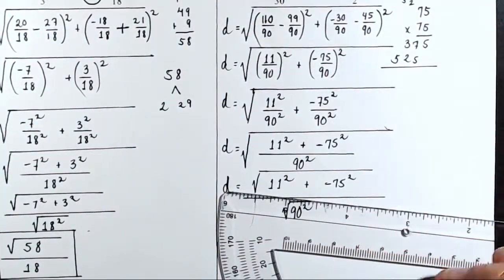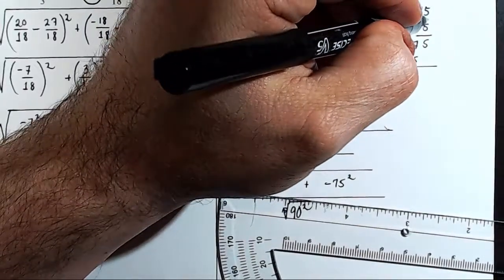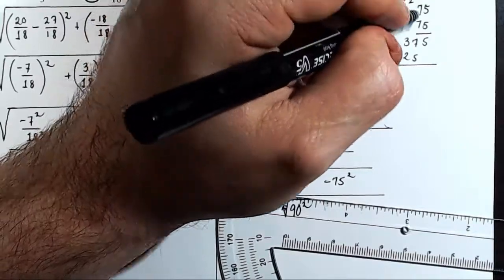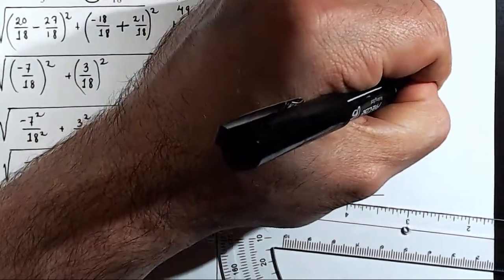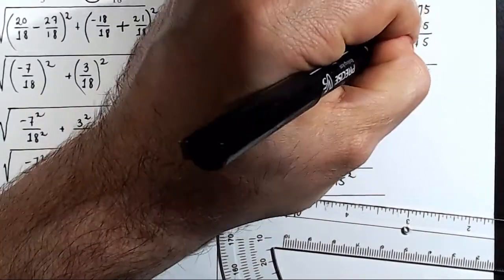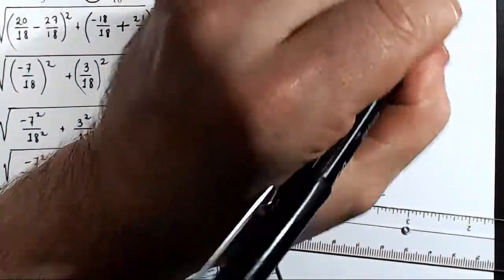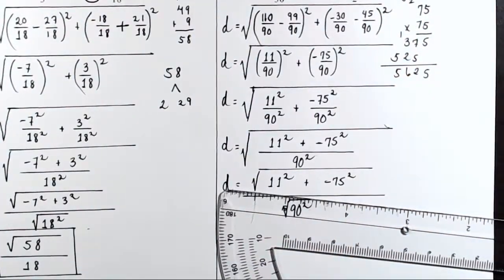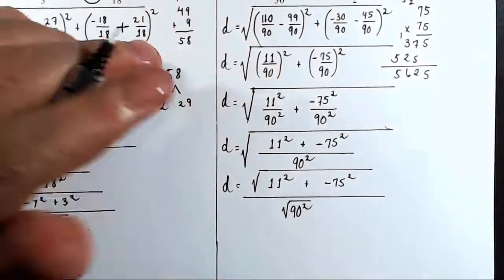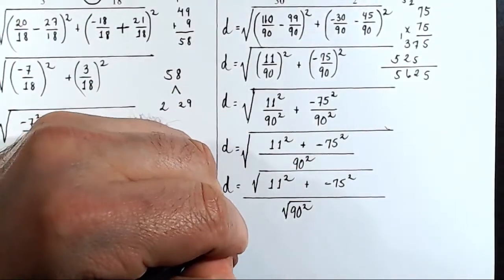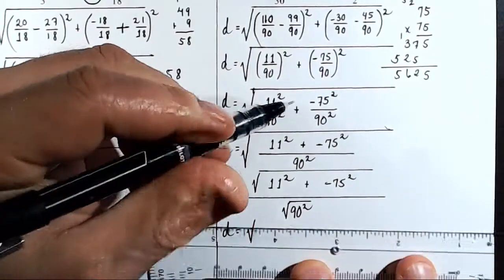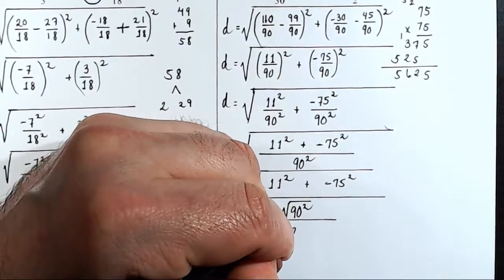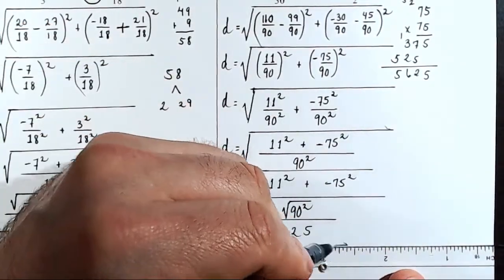So let me double check my math. 7 plus 5 is 12. Carry the 1. 3 plus 2 is 5, plus 1 is 6. And then bring down the 5. 5, 6, 2, 5. All right. So d is equal to the square root of 5,625 all over 90.